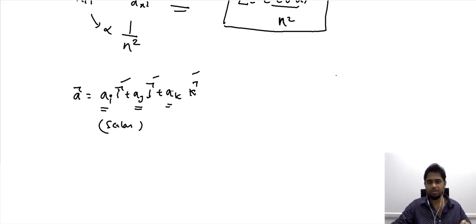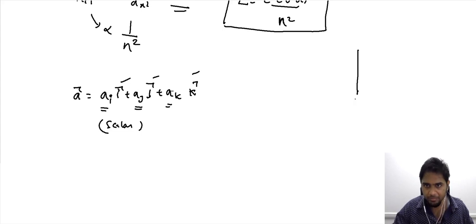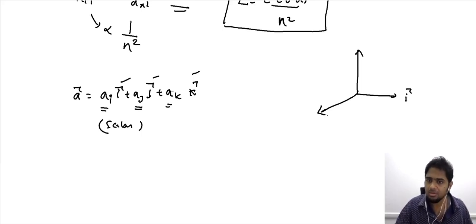Except for a few specific applications, particularly in materials research, we generally consider these vectors to be perpendicular to one another. And this is how we graphically represent these directions, that is the i vector, j vector and k vector.